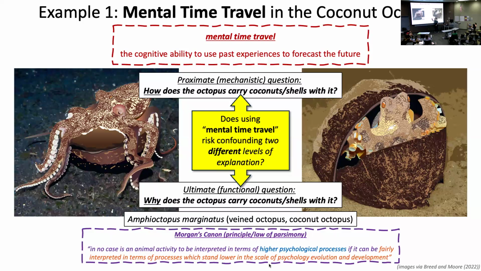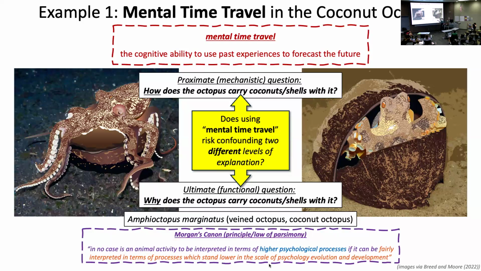So I'm not saying that the octopus isn't doing mental time travel, but I'm saying we have to be very careful: if we assert a hypothesis about behavior that necessarily invokes mental states, is that hypothesis confounding multiple levels of explanation? Because that's something we never want to do.